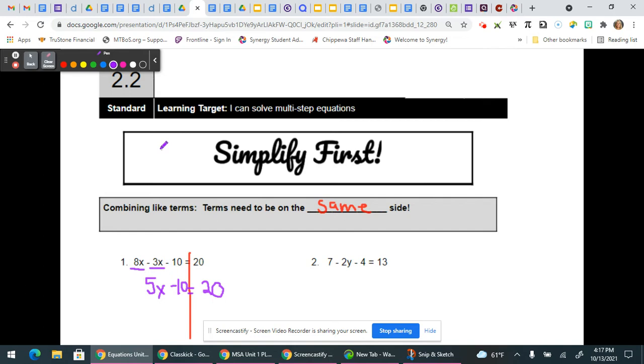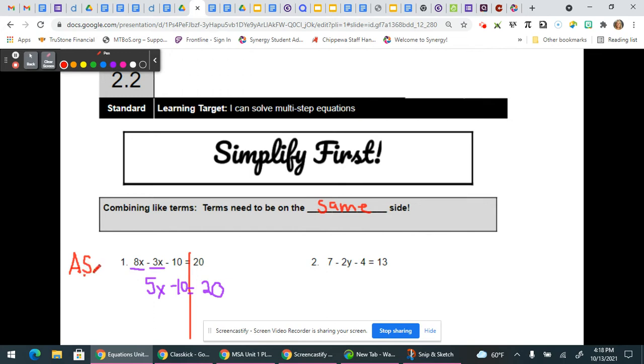Now, you might notice that this looks a lot like the problems that we've been solving this past week. I've got 5x minus 10 equals 20. So if we remember, when we're solving, we want to reverse the order of GEMDAS. And that tells me that when we're solving these equations, now that I've simplified my variables together, I'm going to start with the adding and subtracting operation.